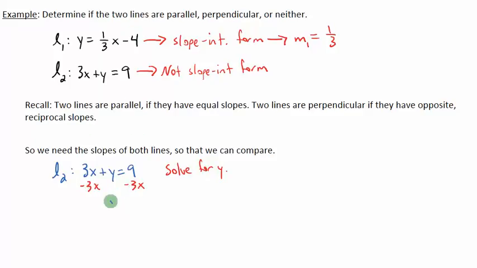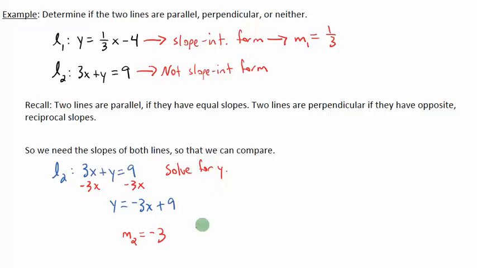So on the left side, I have y, and on the right side, remember, I'm going to put my x term, negative 3x first, and then my constant term, positive 9 second. And now it is solved for y, and I can tell, now that this is in slope-intercept form, that the slope of line 2, so slope 2, equals negative 3.